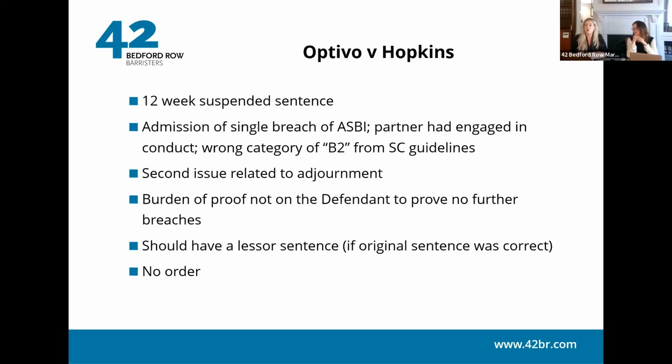Although it didn't say it was wrong for those to apply, it was very much felt that the categorisation of the breach by Miss Hopkins as a B2 offence was much too harsh, and it was the wrong category to look at. Because looking at culpability, this was an instance of a breach where it had been the defendant's partner who had been shouting and screaming outside of the property, rather than the defendant herself.